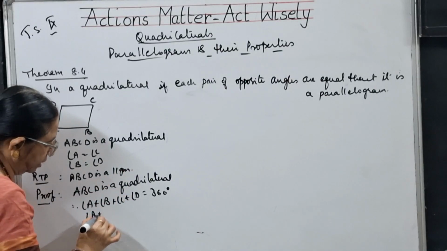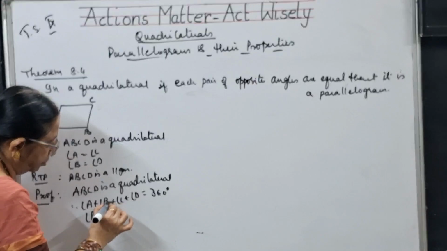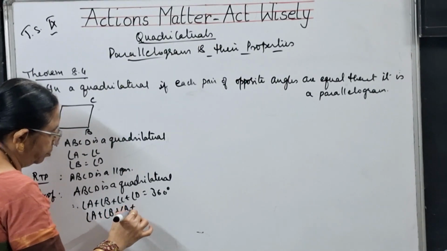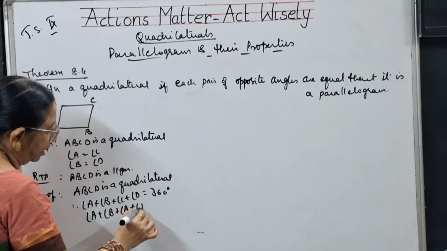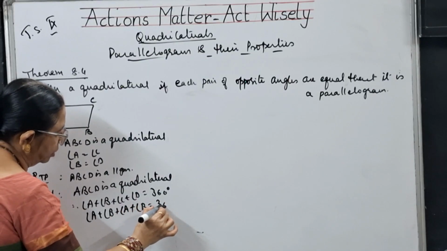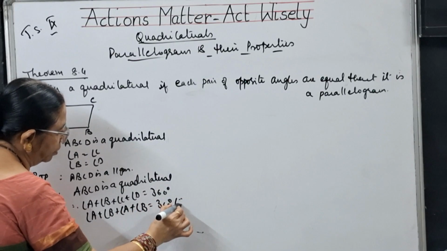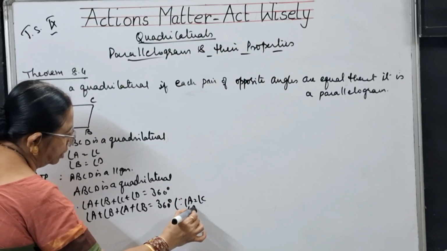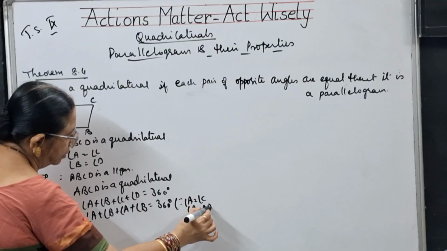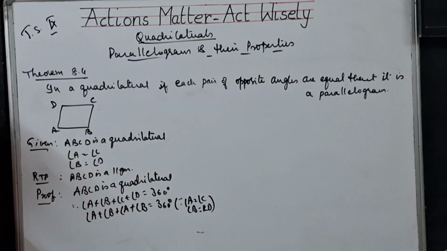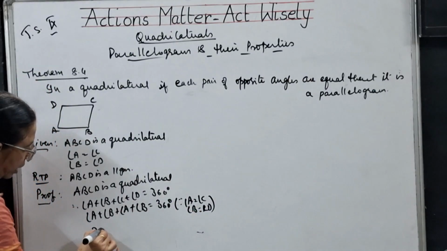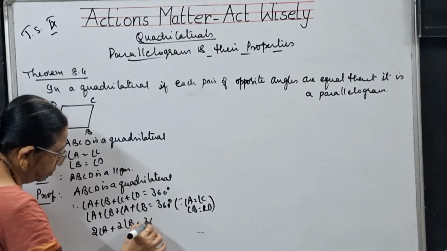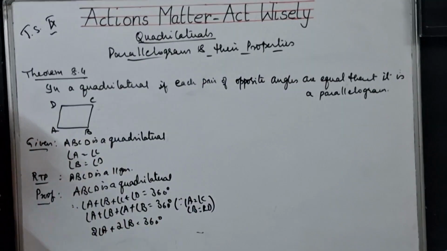That means angle A plus angle B plus, in the place of angle C, I am writing angle A, plus in the place of angle D, I am writing angle B, is equal to 360 degrees, because angle A is equal to angle C, angle B is equal to angle D. This is the reason why I have written. That means 2 angle A plus 2 angle B is equal to 360 degrees.